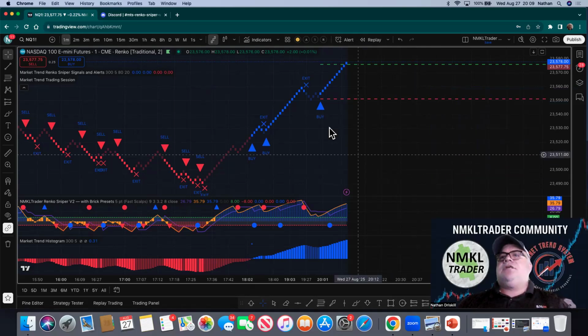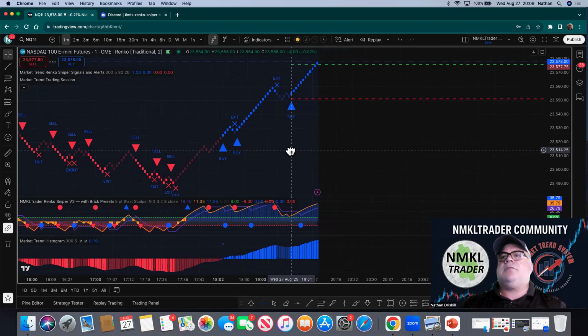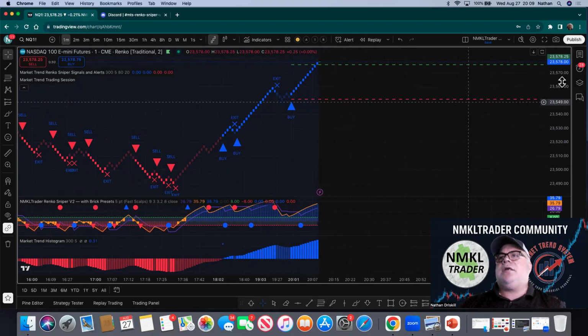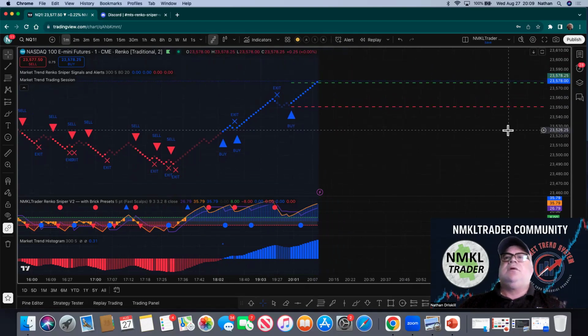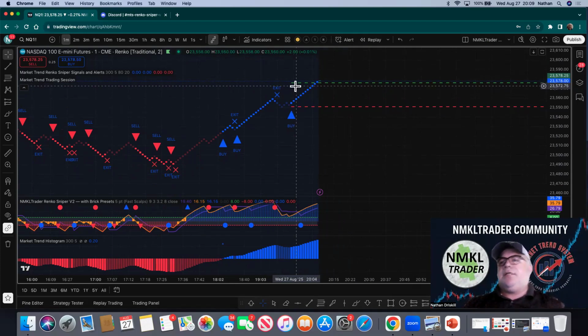We're actually in an area where we could have been in a trade. Now you can use this green and red line, and by all means try it out, figure out the ticks with it. What happens is once you get a signal here, you're going to get a red line and a green line pop up, and one represents stop loss, the other represents take profit.